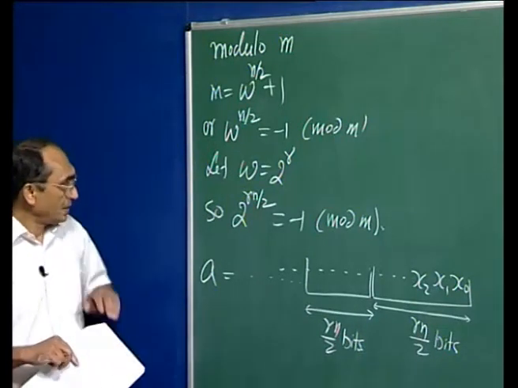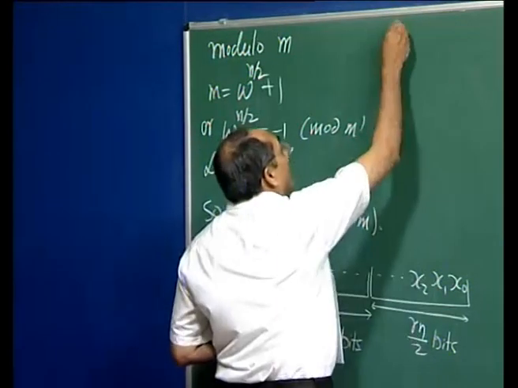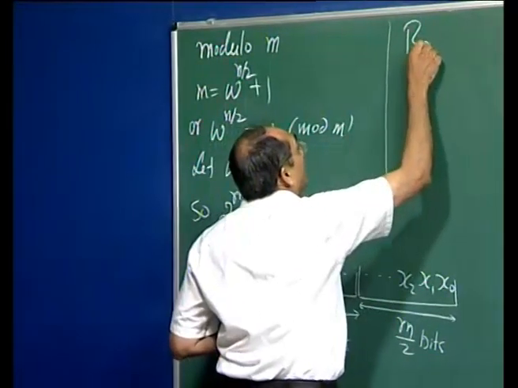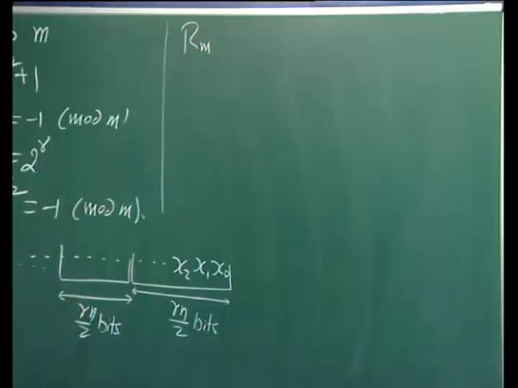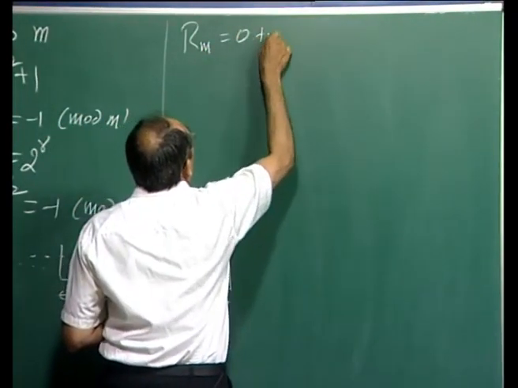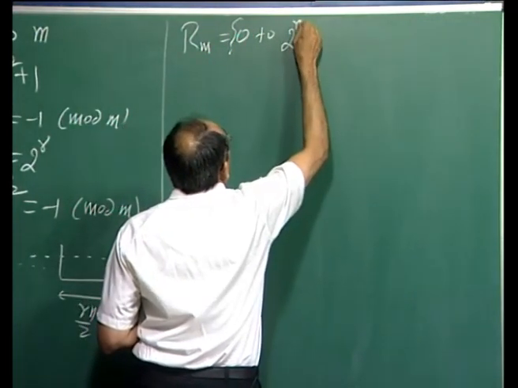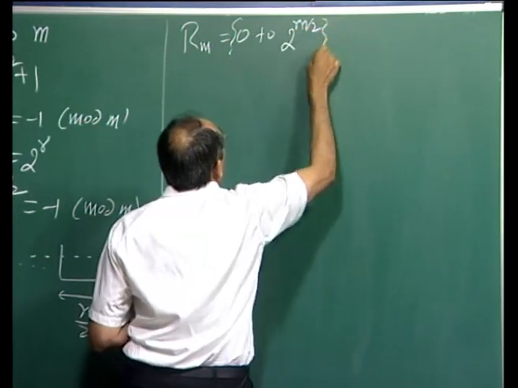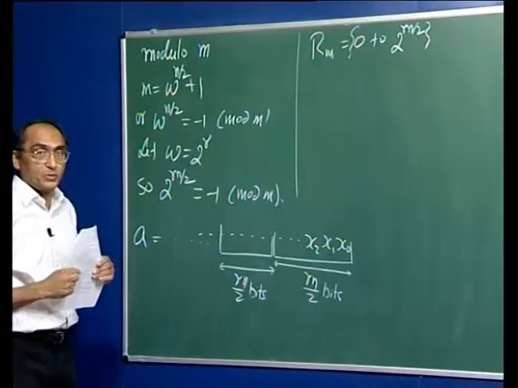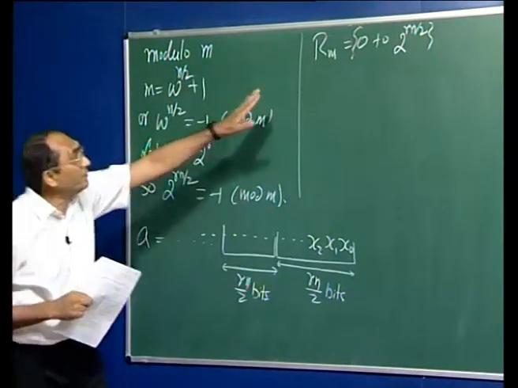And so on. Now, in the ring Rm, the numbers that we have go from 0 to 2 power rn by 2, because our m is 2 power rn by 2 plus 1. So this is the total span of these numbers.